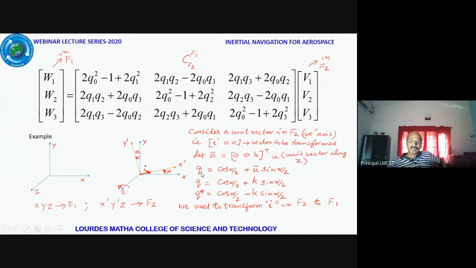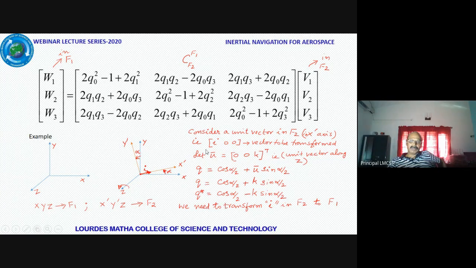So Q is cos(alpha/2) plus U bar sin(alpha/2). Of course, U bar's first two elements are 0, therefore I explicitly write Q is cos(alpha/2) plus K sin(alpha/2). And Q conjugate is, this sign is changed here.